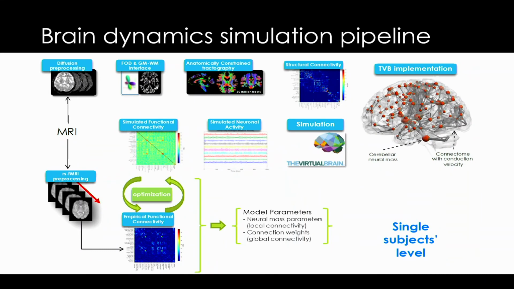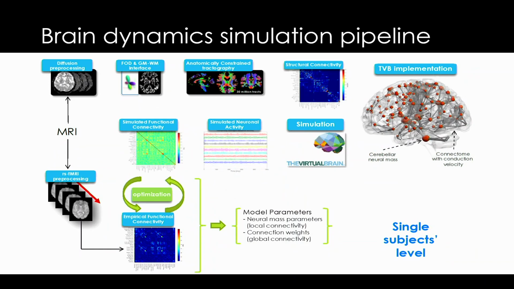The final step is the optimization. We can just simulate a functional behavior of the brain, but we also want to know if our simulation is a good simulation or not. So we also have to use some empirical functional data in order to optimize our simulation and obtain the highest correlation, the best results that we can obtain.